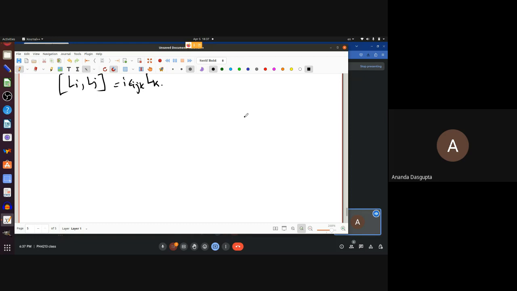So all the different possible representations of the rotation group essentially give rise to different spins. But the commutation relation is independent of the particular representation that you use. And you can derive it just from the basic properties of the rotation group, which is what I want to do in the time left.